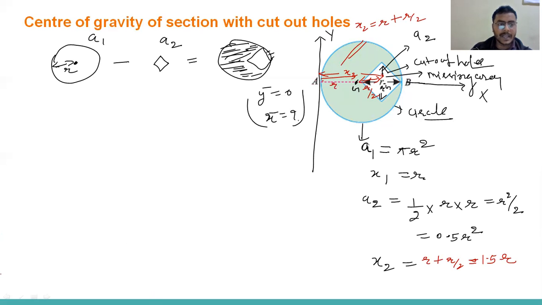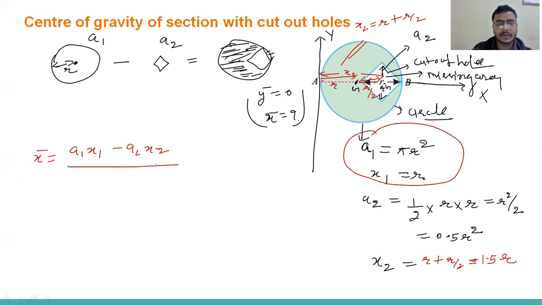Okay. So now we have A1, X1, that is, we have considered this one for the total circle, the total figure. Now X2, A2 is for the missing area. So now we can apply the formula: X bar is equal to A1 X1 minus A2 X2 divided by A1 minus A2. Now just put the values and get the result.